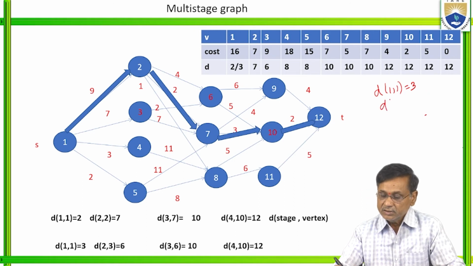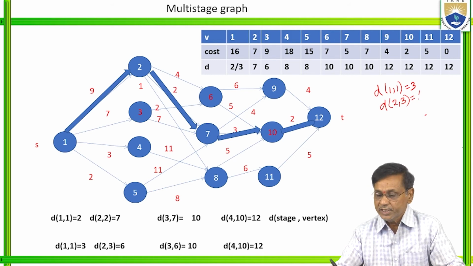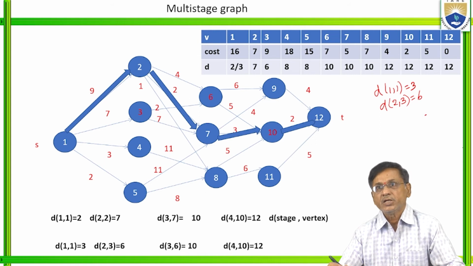Then from the second stage, third vertex, from third vertex, where we are going? Third vertex to 6.